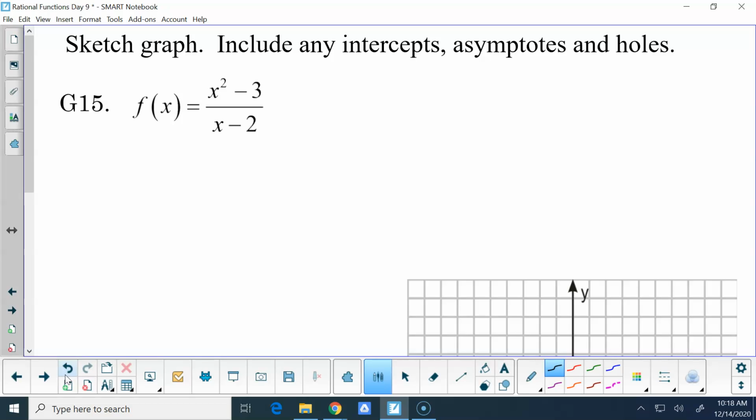Can x squared minus 3 be factored? Two numbers that multiply together to be -3 and add to be 0? Nope, can't be factored. So since x squared minus 3 can't be factored and x minus 2 can't be factored, it's factored. Step 0, done. Step 1.